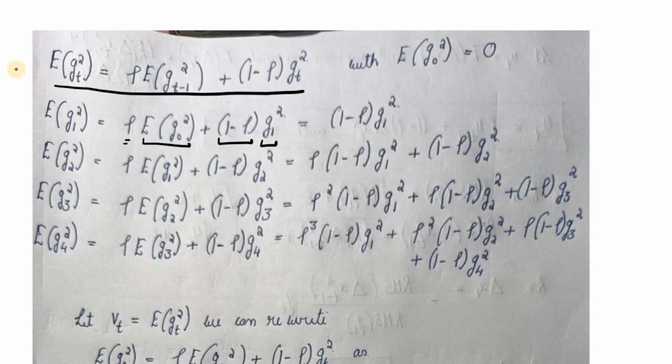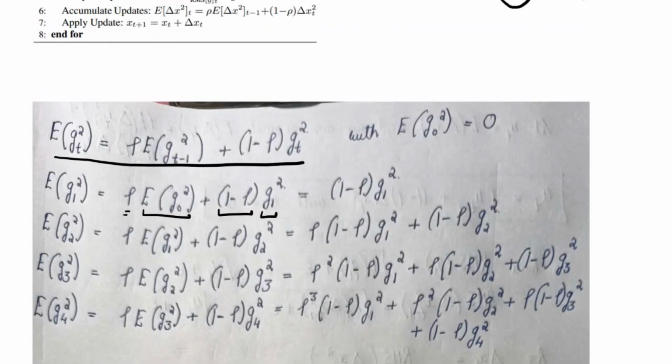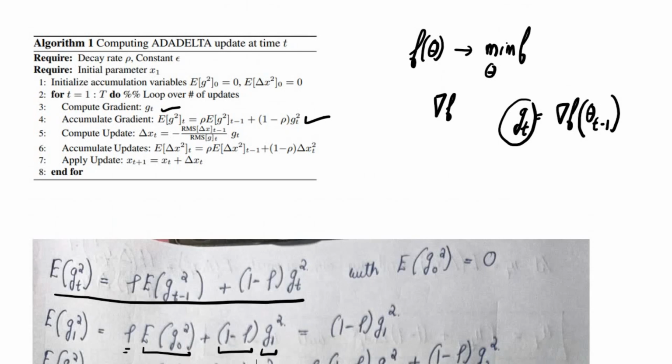Now g1 is the gradient value and g1 square is the squared gradients which we are considering. So gt is exactly what I have mentioned over here, and g1 is the gradient at iteration 1. g1 square is the squared gradient at iteration number 1.